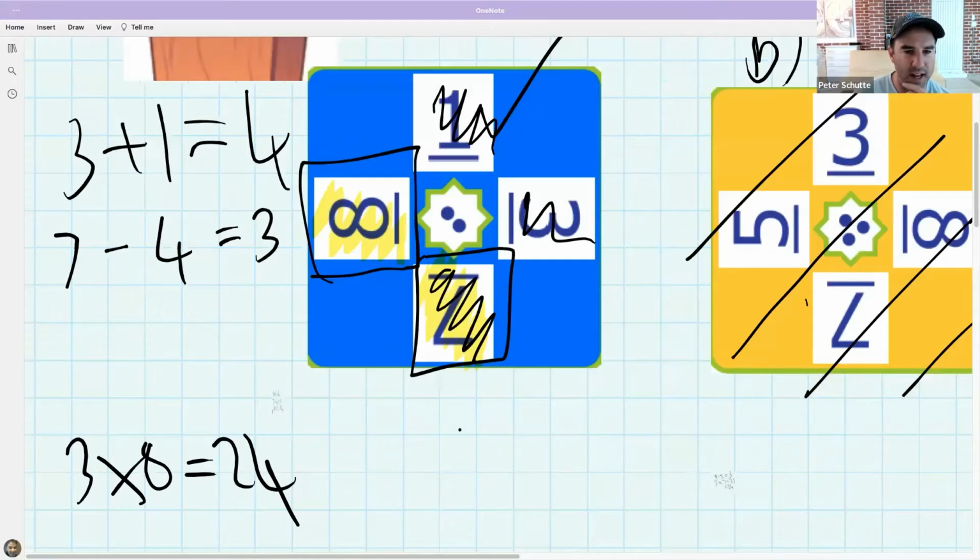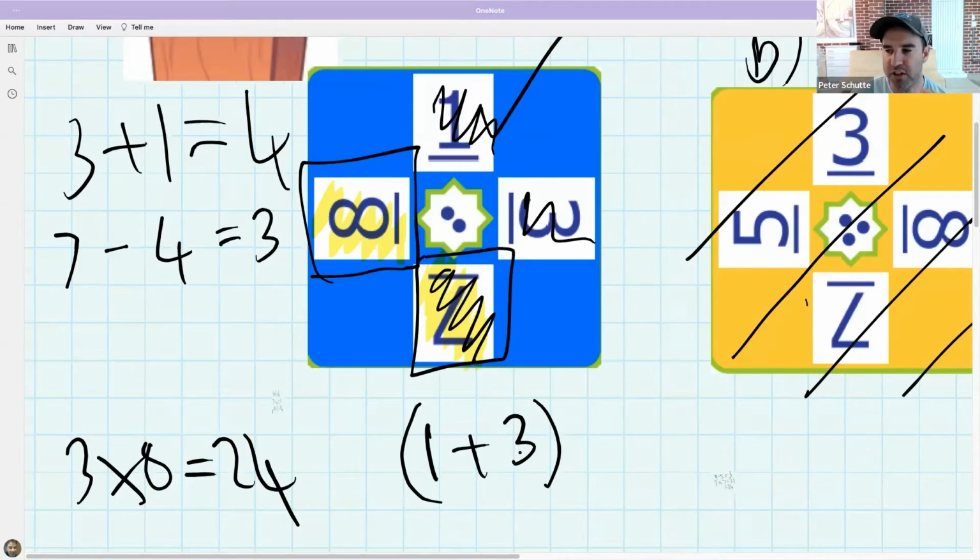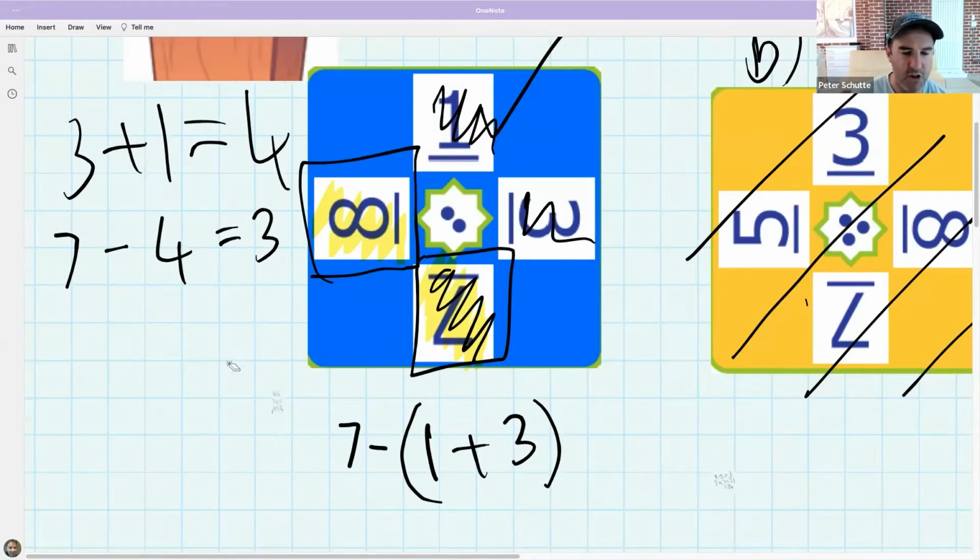So just to show you what I did, as a full number sentence using BODMAS, I'm going to go 1 plus 3, and I'm going to put it in a bracket. And the reason I'm putting it in a bracket is to force it to happen first. Then I'm going to say 7 minus what's in the bracket. And so that would be 7 minus 4.